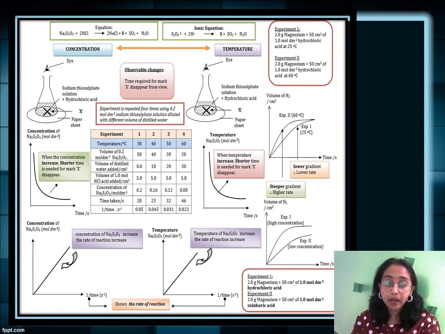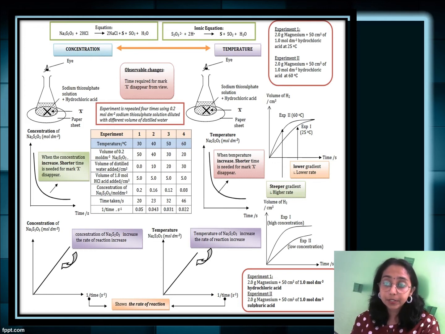Okay. Now, when we are plotting the relationship between concentration and the rate of reaction in terms of 1 over time, it is actually directly proportional. But in chemistry, we don't mention it as directly proportional. It's advisable for you to say, as the concentration of the sodium thiosulfate solution increases, the rate of reaction increases. Same goes for temperature.